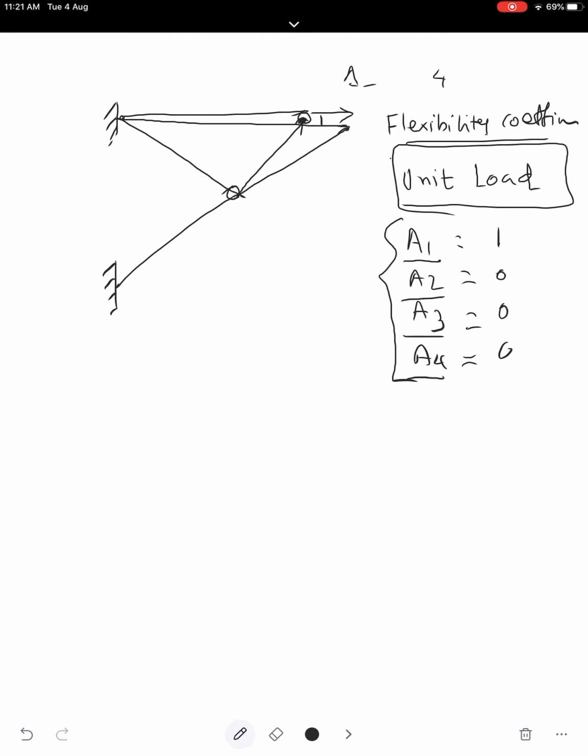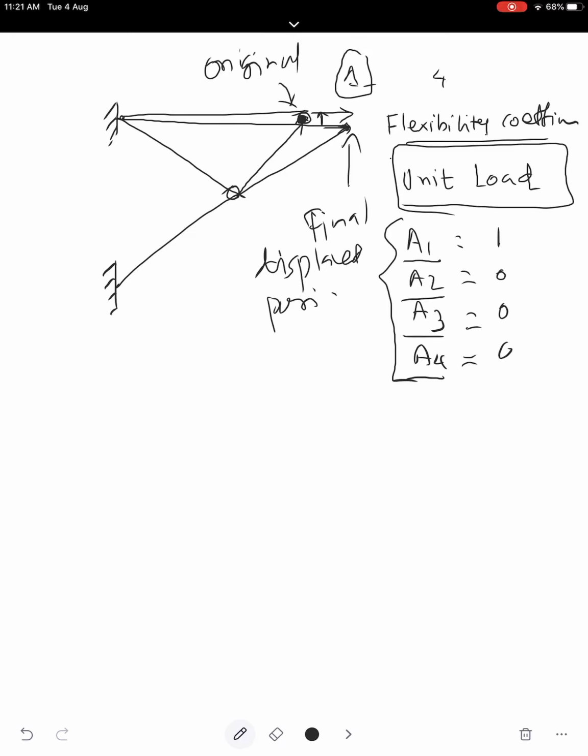So that vertical translation and horizontal translation away from the joint. If this is the original joint, and this is the final displaced position, I don't think this can translate only horizontally under this unit load, because the system is such that it may translate vertically also.